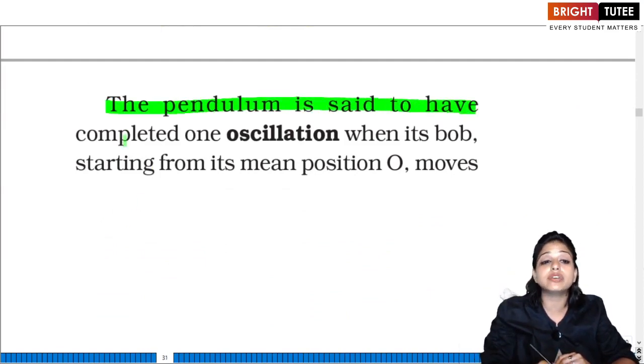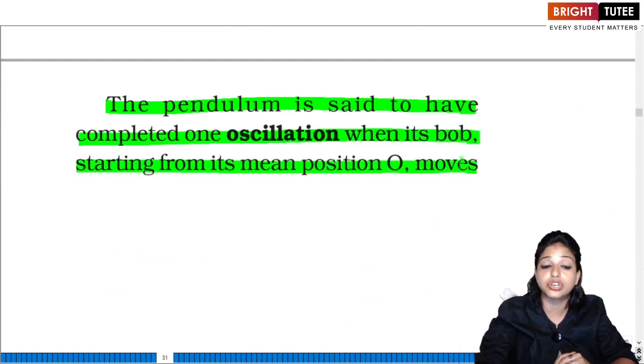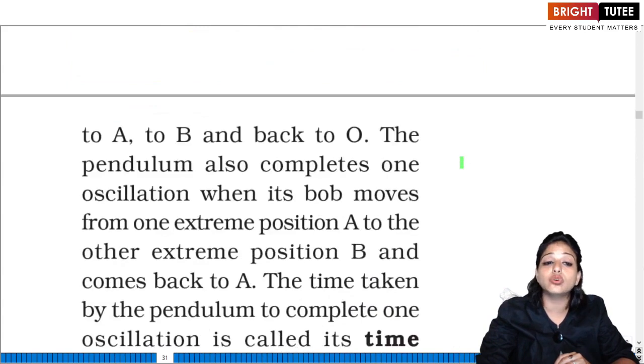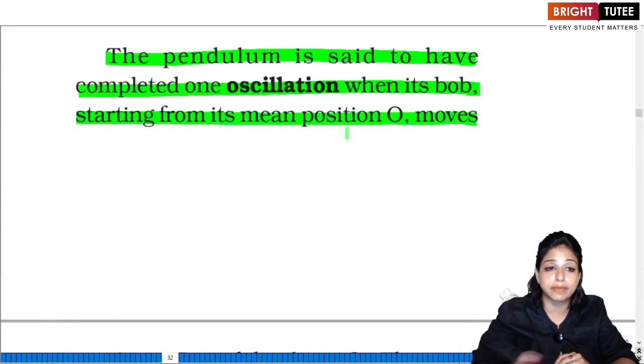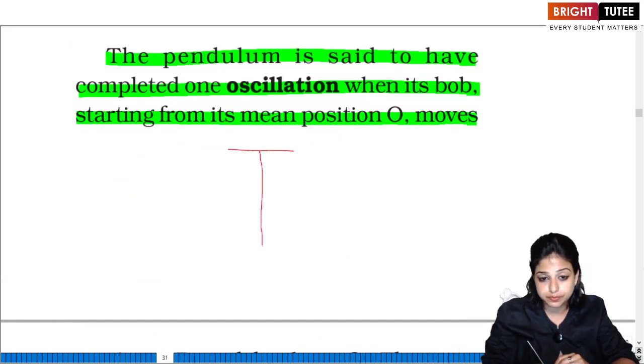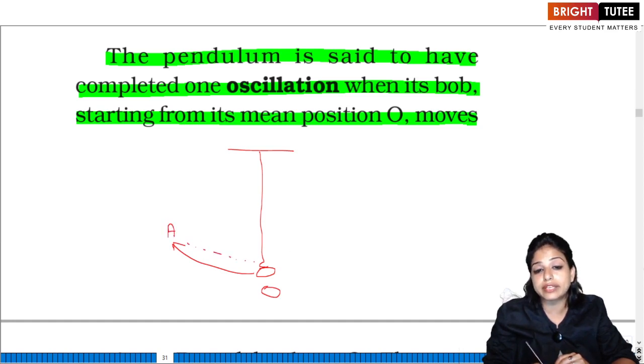The pendulum is said to have completed one oscillation when the bob, starting from its mean position O, moves to A, then to B and back to O. So students, what does this mean? Let's draw this. This is my pendulum and this is my position O. Once I take this pendulum here and release it, this is my point A. The pendulum will come like this, overshoot, go to point B and come back.